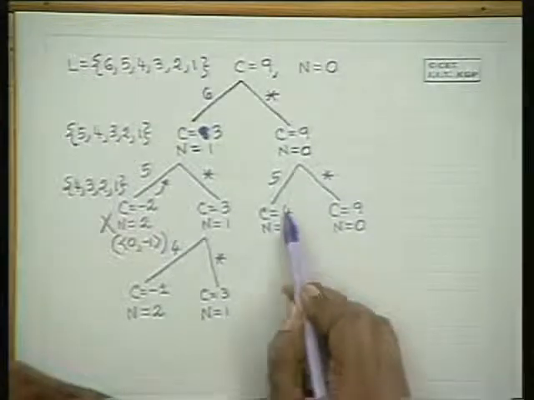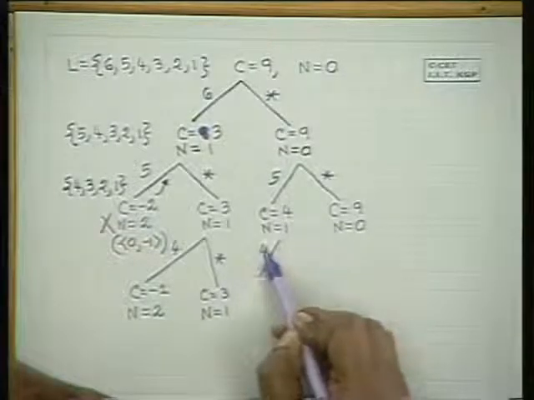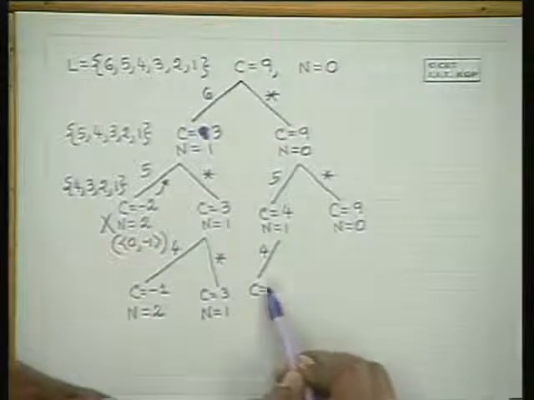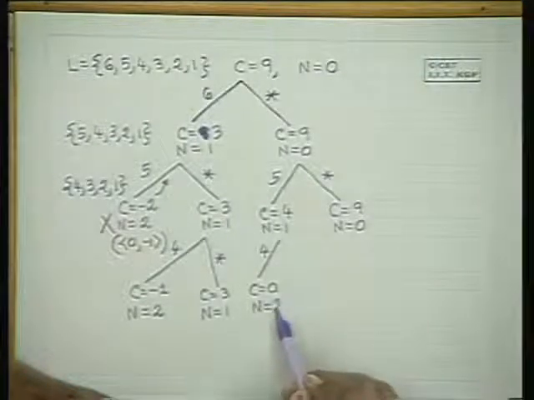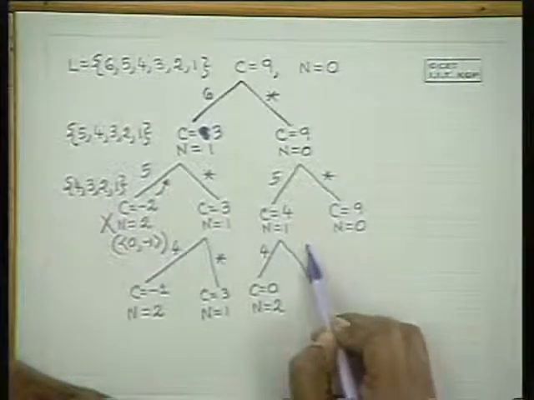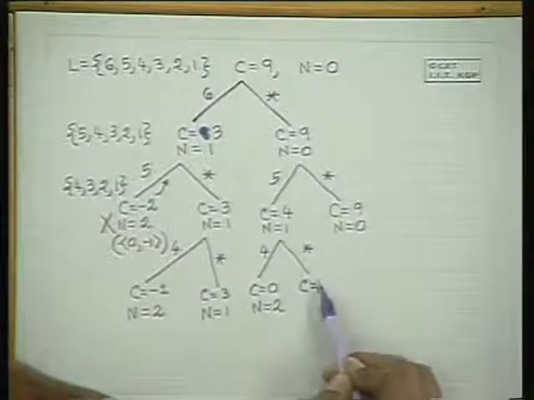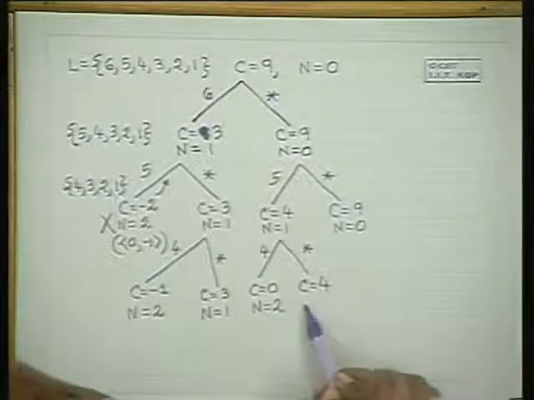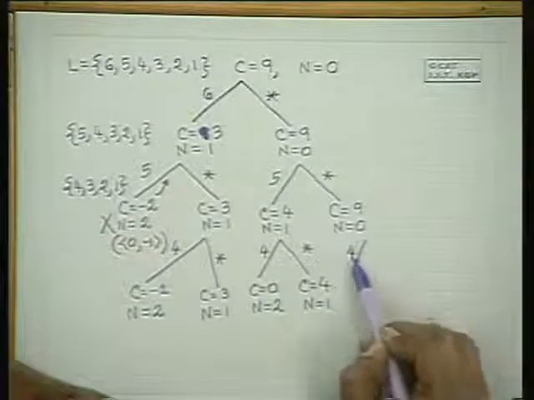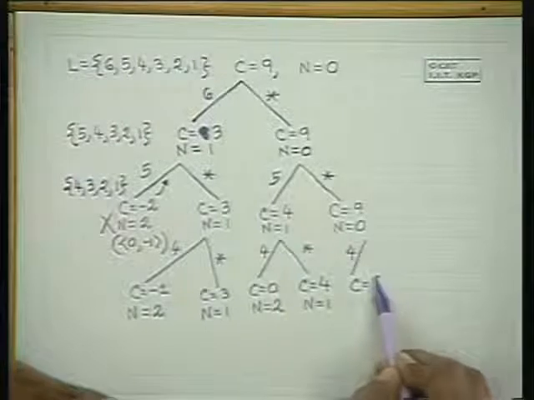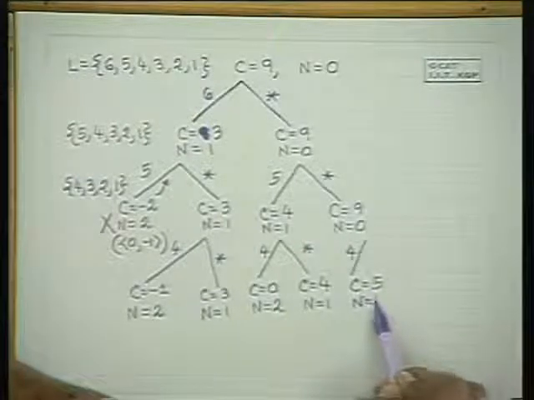Here, if you choose 4, C becomes 0 and N becomes 2. If you do not choose 4, C remains 4, N remains 1. Here if you choose 4, C becomes 5 and N becomes 1.